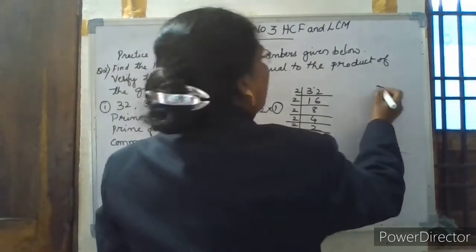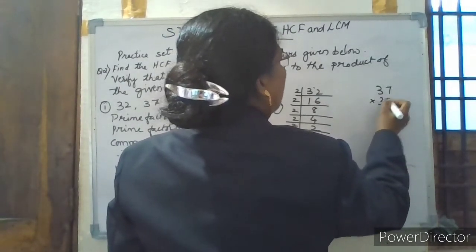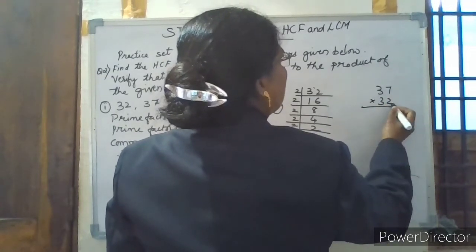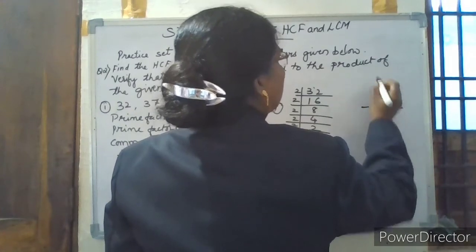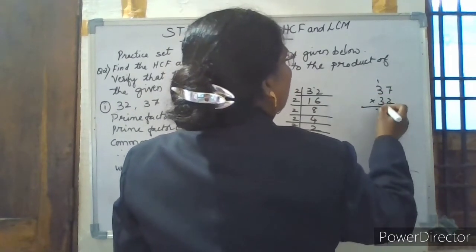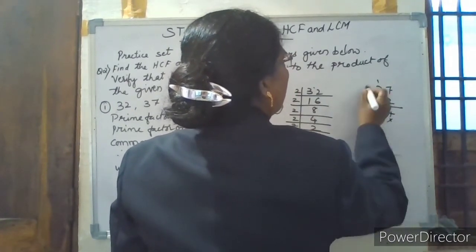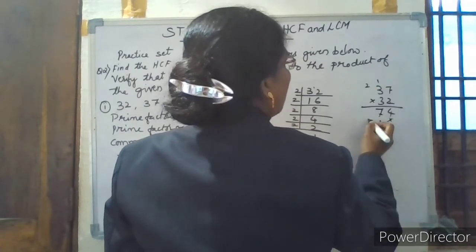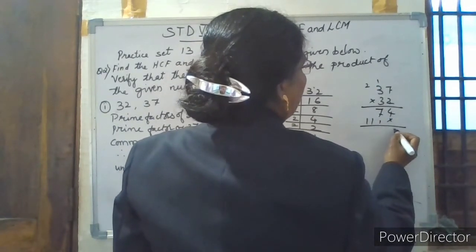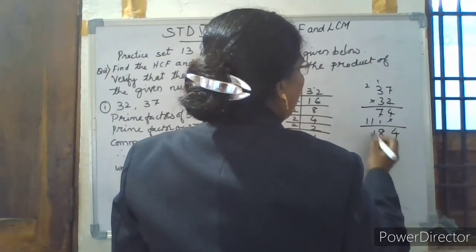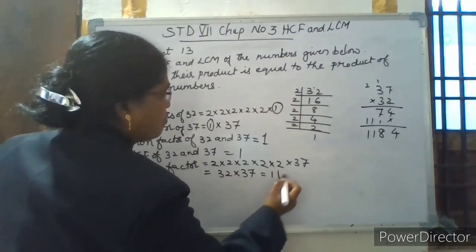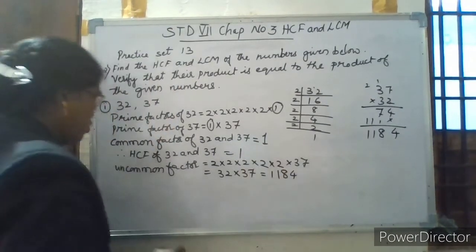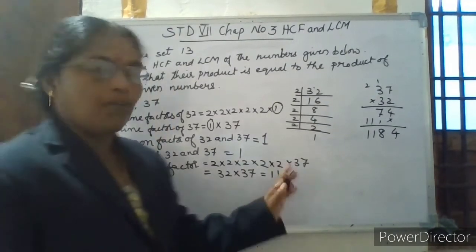Let us find out. 2 7s are 14, carry 1. 2 3s are 6, 6 plus 1, 7. Then 3 7s are 21, carry 2. 3 3s are 9, 10, 11. So add it now: 4, 7, 8, 1, 1. So it is equal to 1184. So this is the uncommon factor we have got.